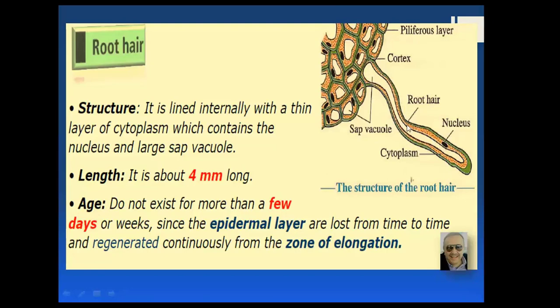Its length is about 4 millimeters. Root hairs do not exist for more than a few days or weeks, since the epidermal layer is lost from time to time and regenerated continuously from the zone of elongation.